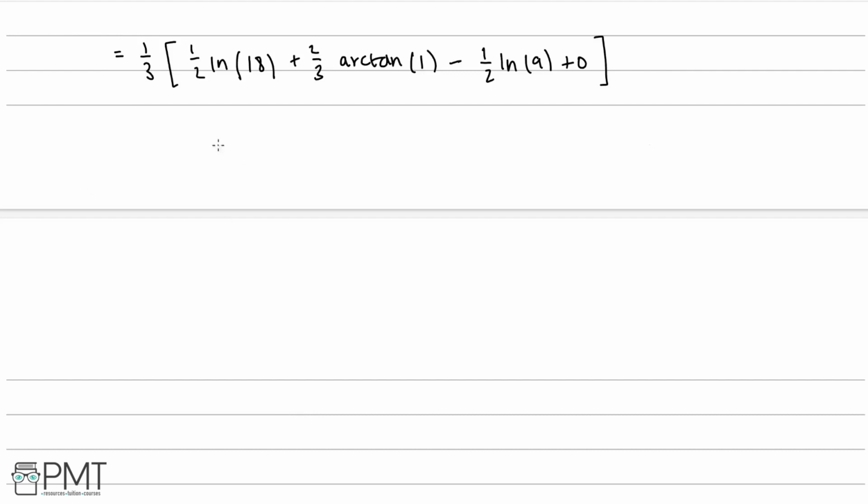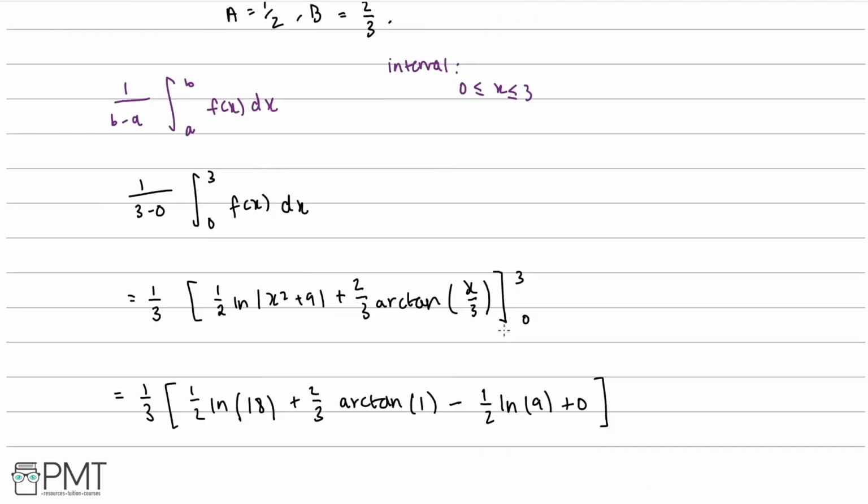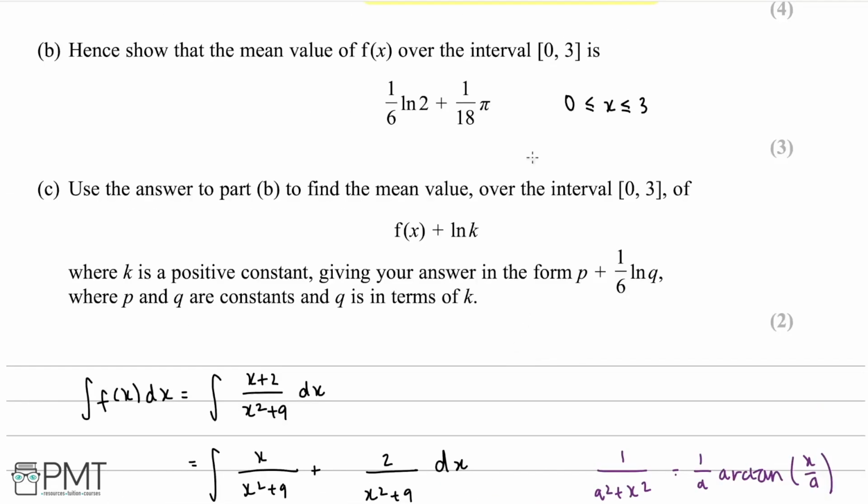And we can write this as a third times a half ln 18 plus 2 over 3, well, arctan of 1 would be pi over 4, so this would be pi over 4, minus a half ln 9. Now, if we look back to the form that we want our equation in, we want all of the ln values grouped together, and we want a ln 2. We also want something in terms of pi.